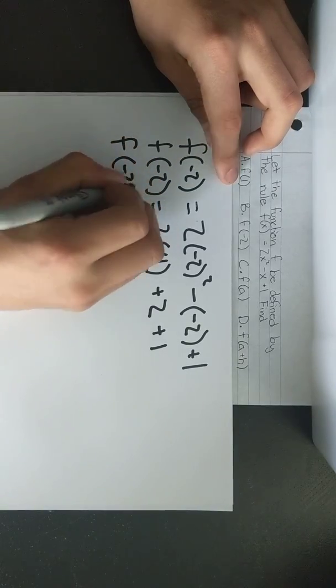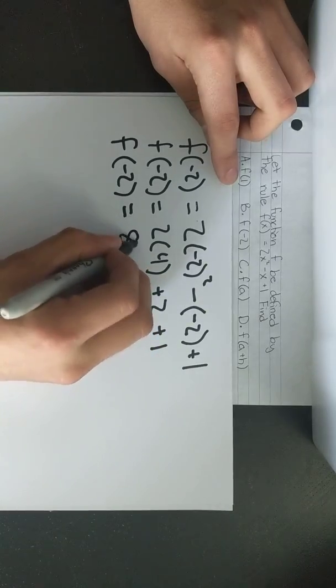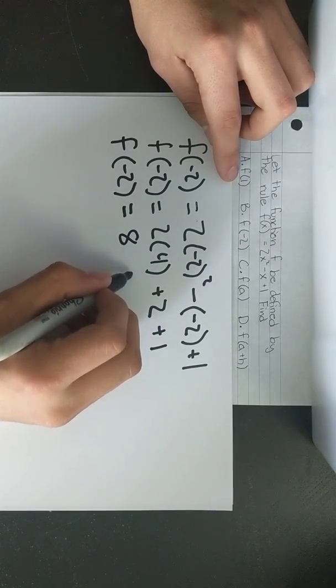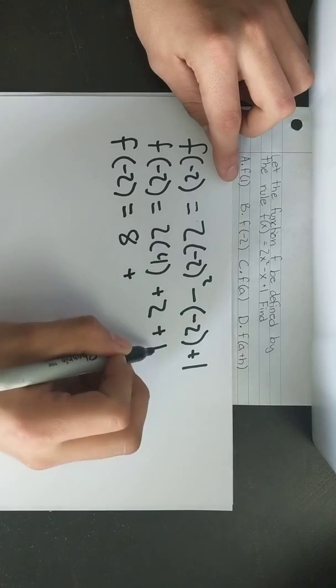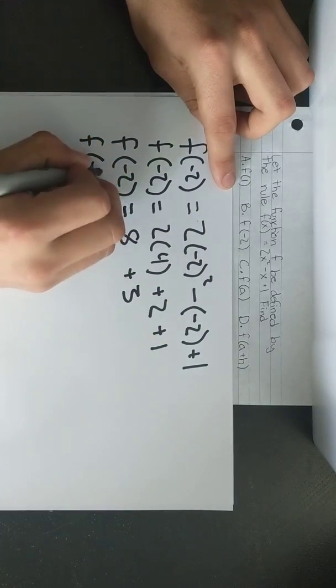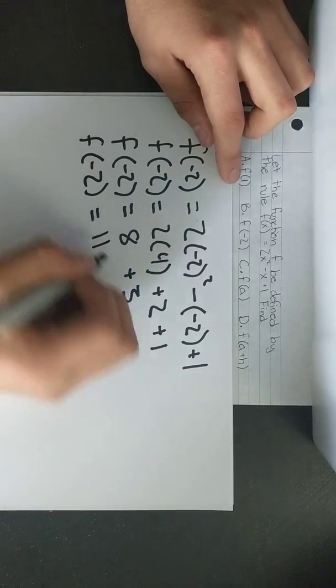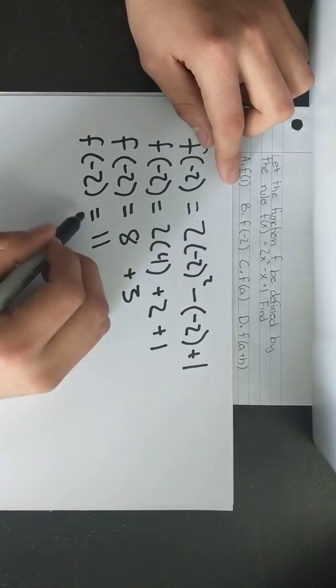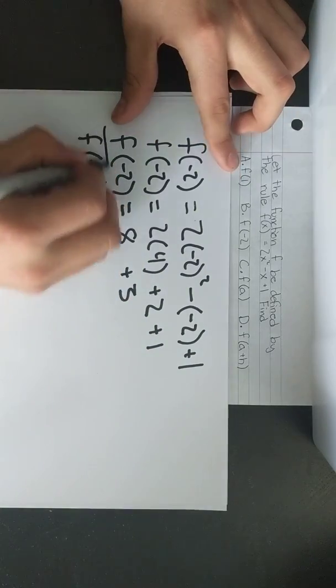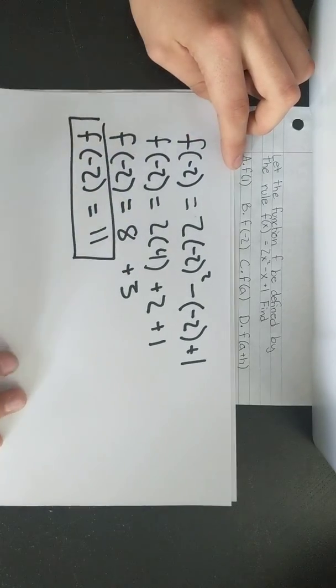So we have f of negative 2 equals 4 times 2, which is 8, plus 2 plus 1 is 3. So f of negative 2 equals 11. 8, 9, 10, 11. 11, right? So that is our answer for this part. Shouldn't be that hard. Should be really easy.